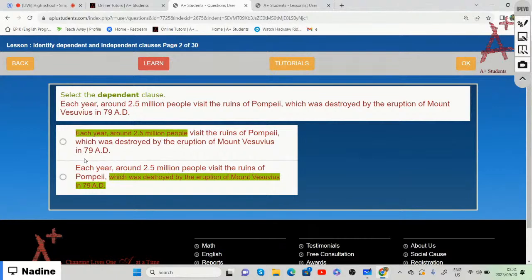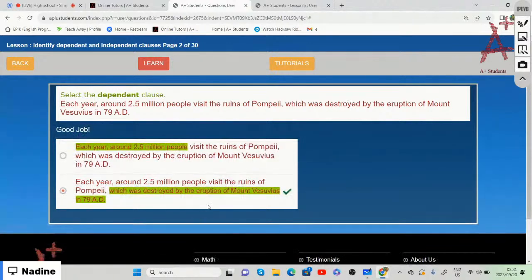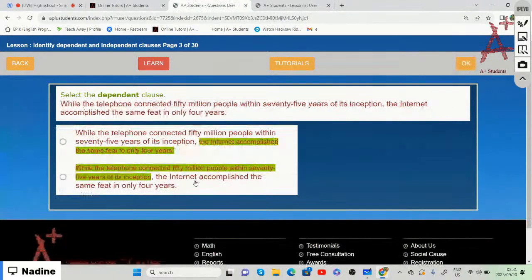Is it every year around 2.5 million people visit the ruins of Pompeii, or which was destroyed by the eruption of Mount Vesuvius? So if we choose the dependent clause, we'll choose option 2, which was destroyed by the eruption of Mount Vesuvius.